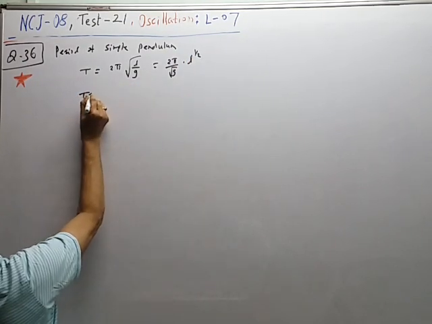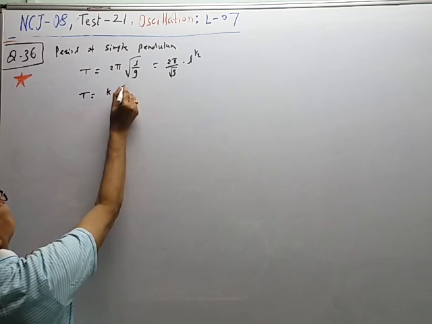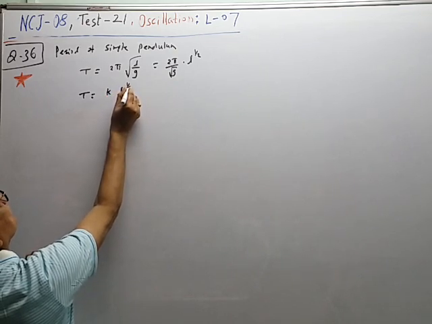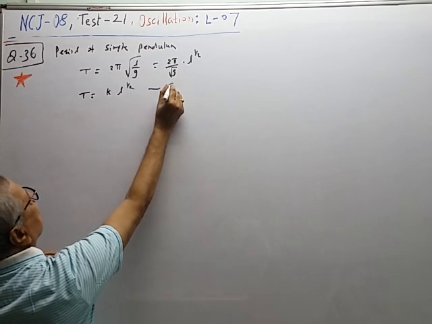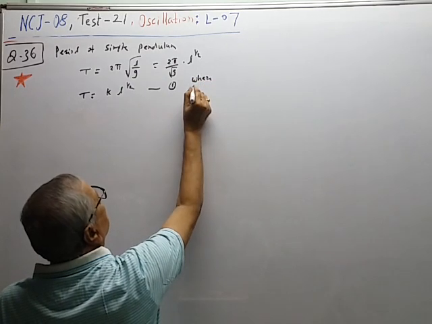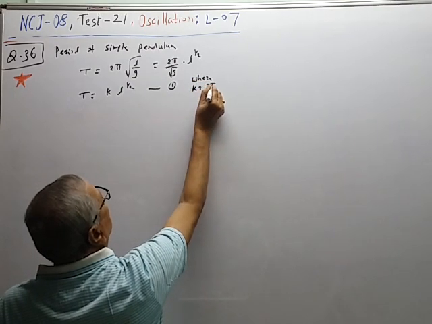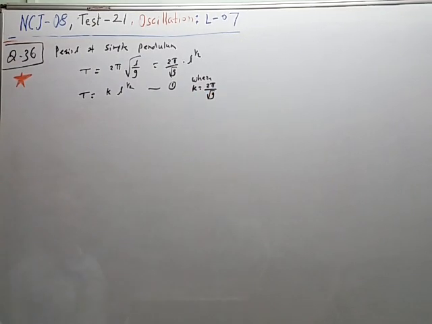So T is equal to 2 pi upon root G, replaced by K, into L raised to 1 half. So this is equation 1, where K is equal to 2 pi multiplied by under root G.